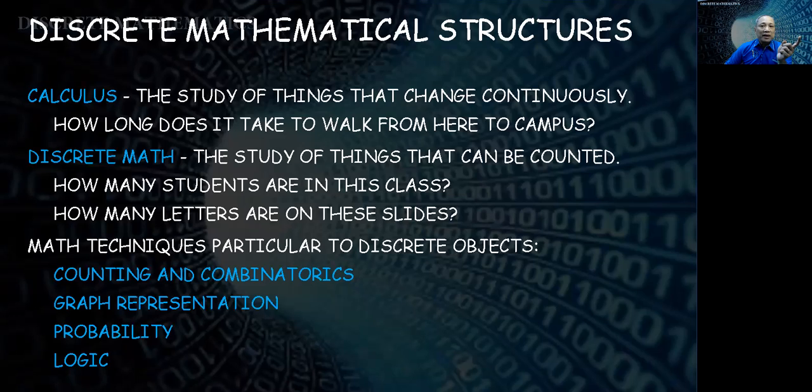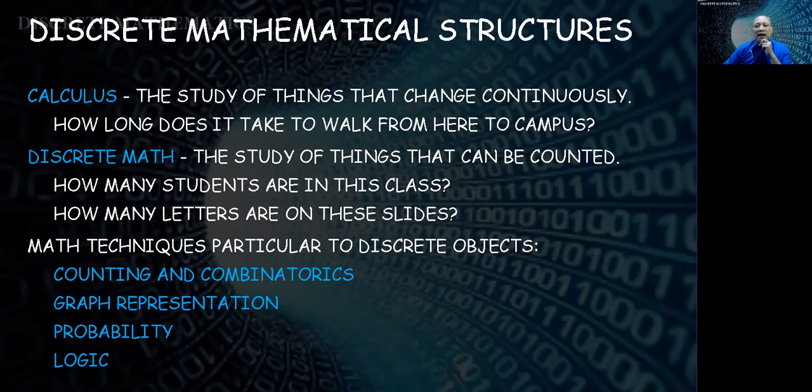Well, we can make an approximation, but it's not really a certain value in a discrete way being presented. But discrete math is the study of things that can be counted easily. When you count the number of students in a class, you cannot say 2.5 students or 2.2 students. They're either 2 or 3. Or how many letters are on these slides? You can count it.